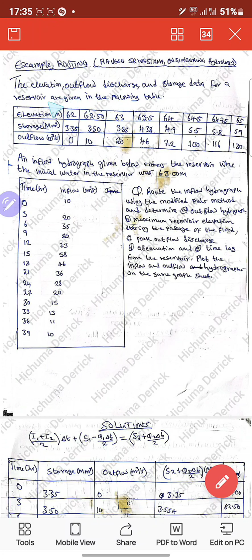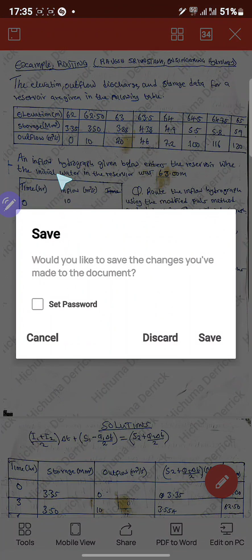The elevation, outflow, discharge and storage data for a reservoir are given in the following table.